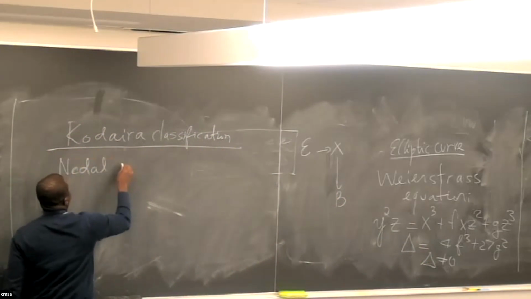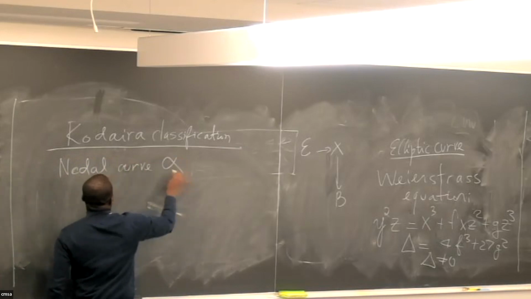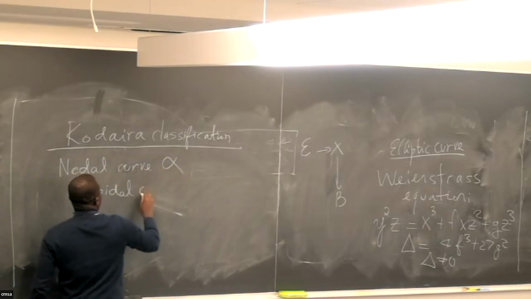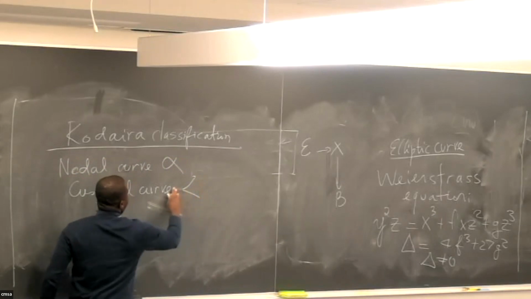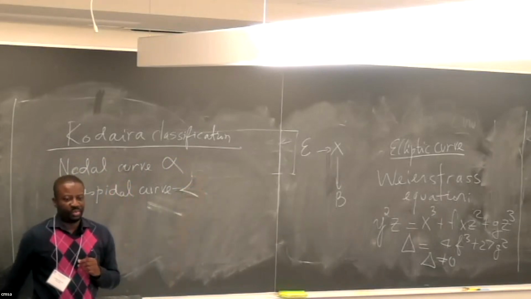So you have the nodal curve, you have the typical cuspidal curve, and then you have other singularities that are actually not irreducible.